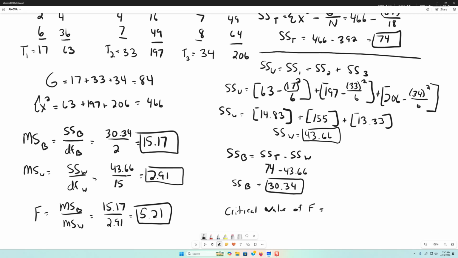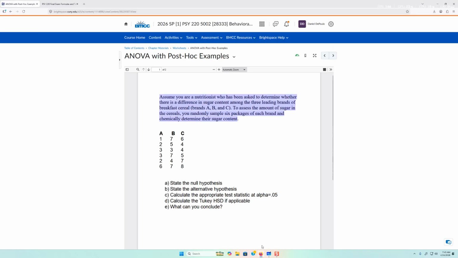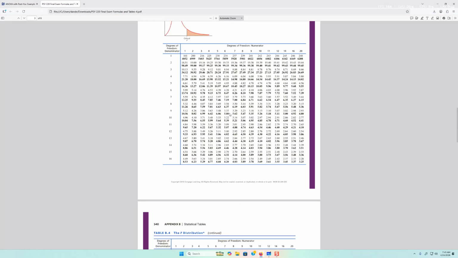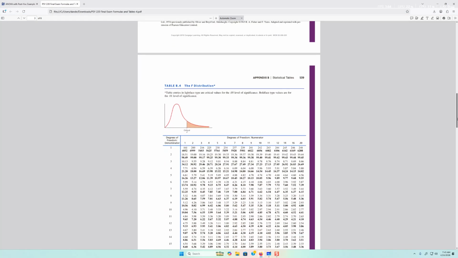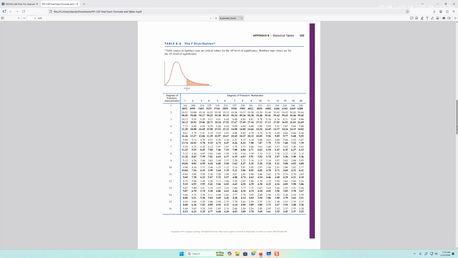So to get the critical value of F, I need my degrees of freedom between and my degrees of freedom within. So I need 2 and 15 to find the critical value. So let's go look at the table of critical values. So this is table B4 of the text, the F distribution.